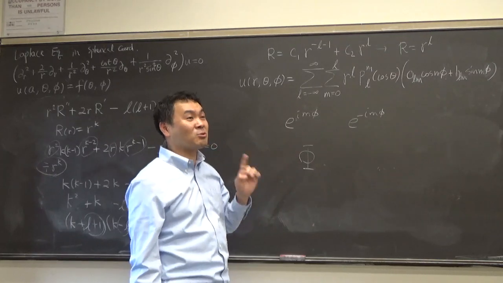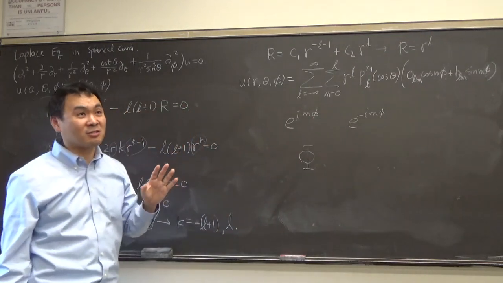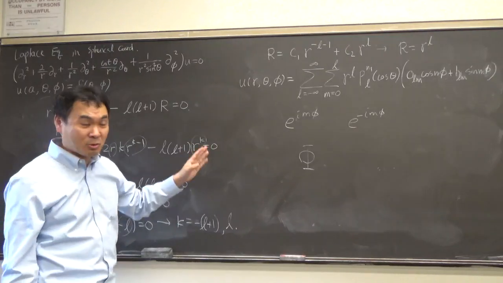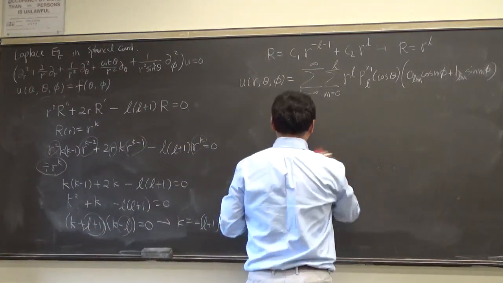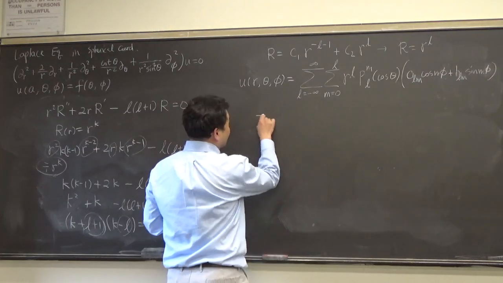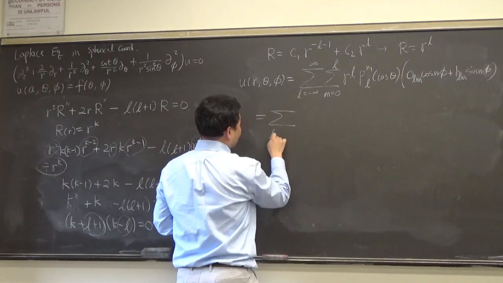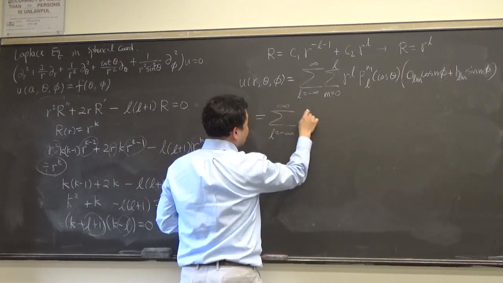I don't think I'll have time to do it today, but next class I'll explain what that is. Okay? So instead of using it that way, we write it as summation L from negative infinity to infinity.